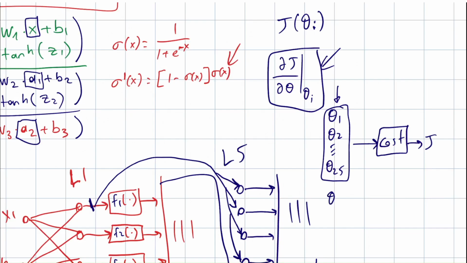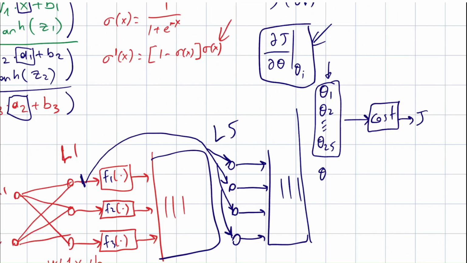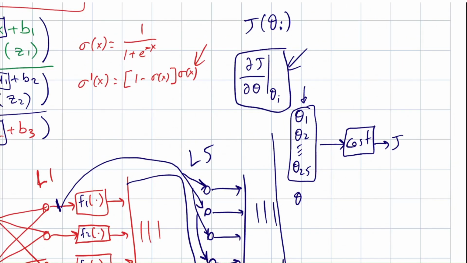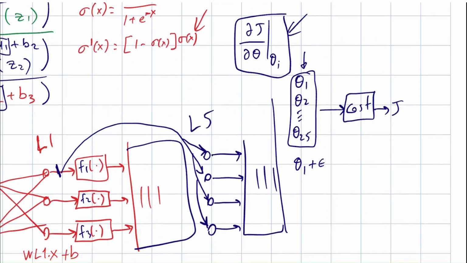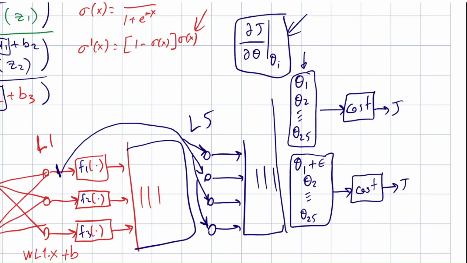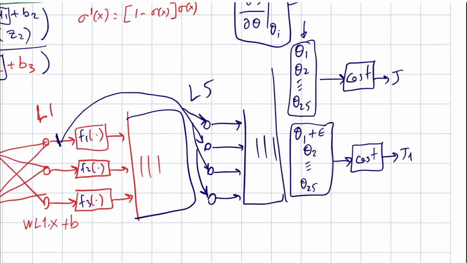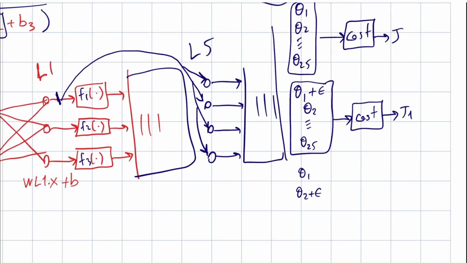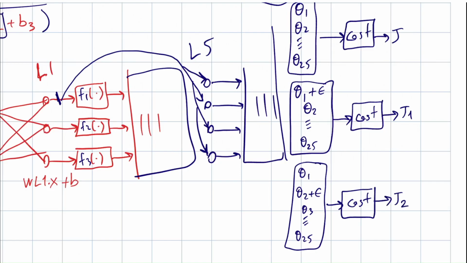And in the next stage, and what I'm explaining is the critical part of this video, you take theta 1 plus epsilon, with the other values remaining the same, and then you calculate the cost, call it J1.